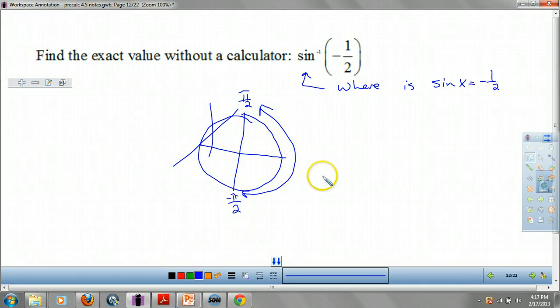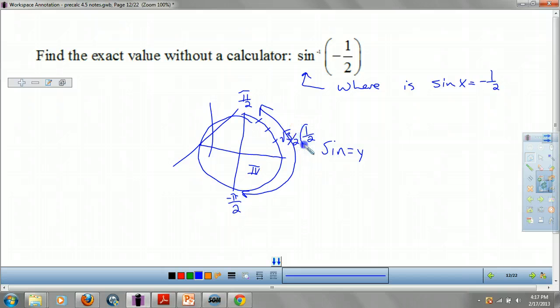Now, where's sine negative? Remember, sine is equal to the y-coordinate on my unit circle, right? So I'm going to be in quadrant 4 over here. So where's it a half? If you memorized up here, you remember that this guy was √3 over 2, comma 1/2.